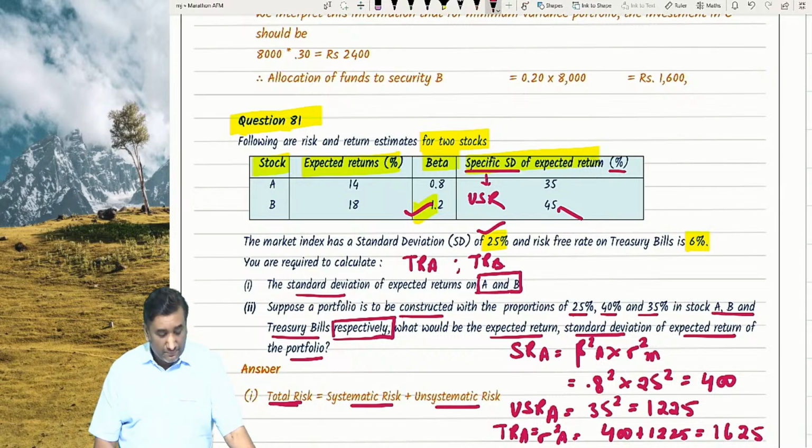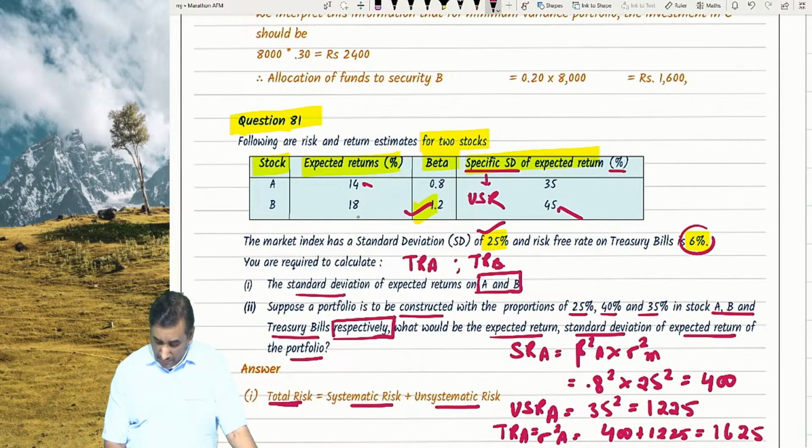That means we have to find the expected return of the portfolio. So the expected return of the portfolio would be equal to what? What do you have to include? Risk-free. Risk-free is what? 6. So this is 14, 18, 6.